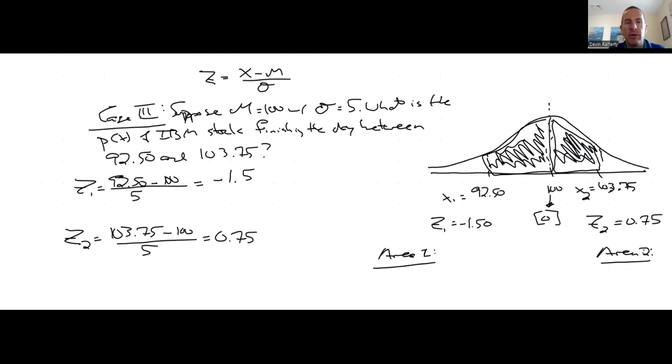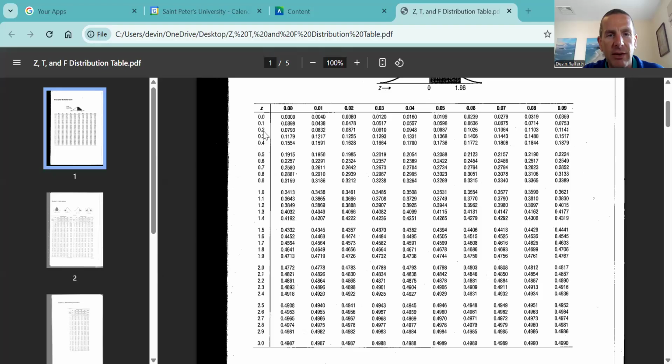The area of negative 1.5, the area of 1.50, right? 1.50 gets us 0.4332. Let's match it up: 1.5, 0.00, 0.4332. Okay, 0.4332. So I'm going to write that down in my whiteboard.